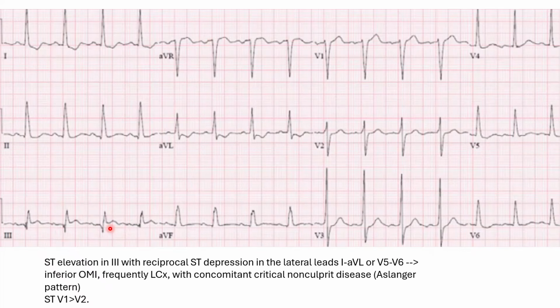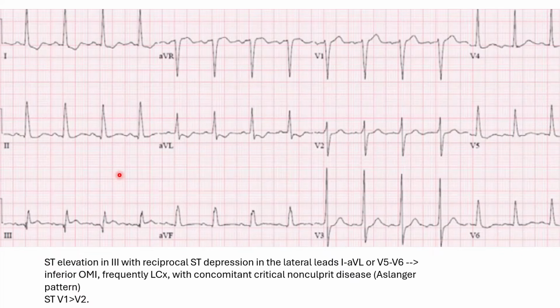This pattern is suggestive of an inferior occlusive MI, OMI, along with critical concomitant non-culprit disease. So what happens, the critical non-culprit ischemia will cause diffuse profound ST depression, while the occlusion in the inferior territory will cause ST elevation.